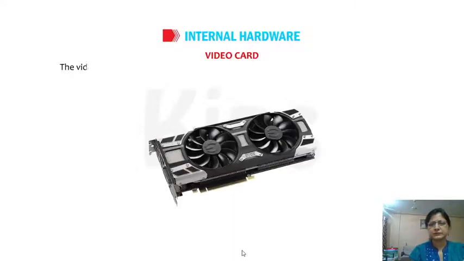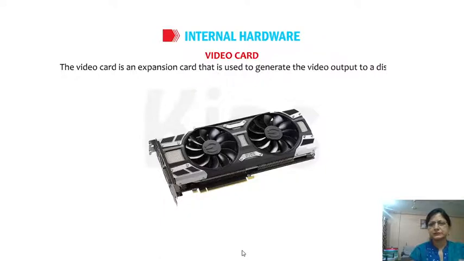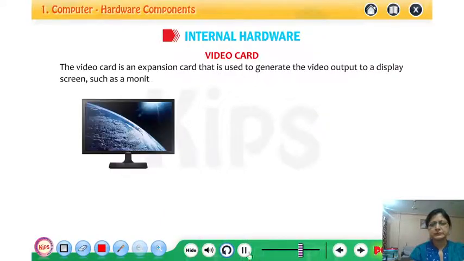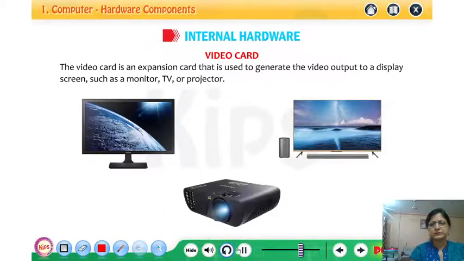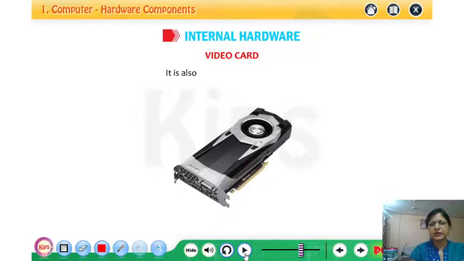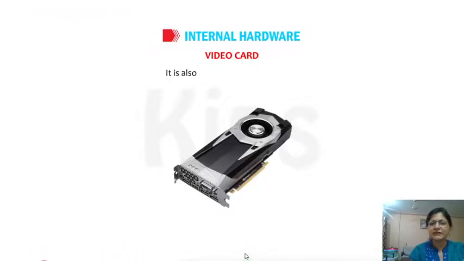Video card. The video card is an expansion card that is used to generate the video output to a display screen, such as a monitor, TV, or projector. The video card is also known as a graphics card. There are different types of cards, and these cards are quite expensive.